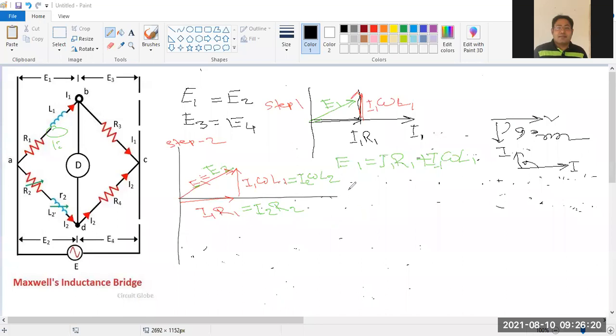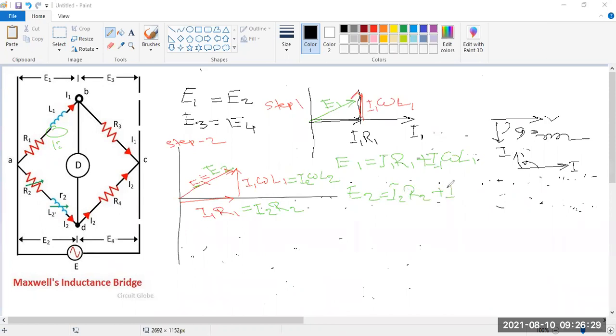So E2 is just I2 R2 plus I2 omega L2, because U1 equal to E2. Now I1 and I2 are in the same phase, and both branches are the same. Why I1 or I2? Because this is branching current. This is I1, this is I2.